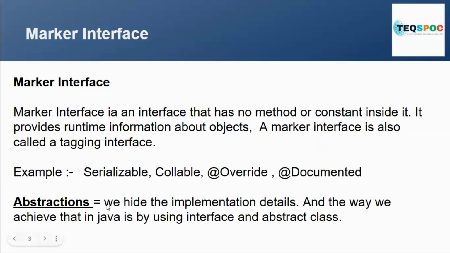And what is abstraction? This is one pillar of the OOPS concept. In abstraction, we hide the implementation detail, and the way we achieve it in Java is by using the interface and abstract class. So in today's session we will see what an interface is, what an abstract class is, how we create an interface, how we create an abstract class, and with the help of interface and abstract class, we achieve abstraction. We hide the implementation detail.